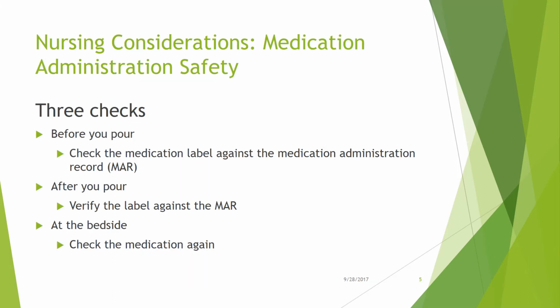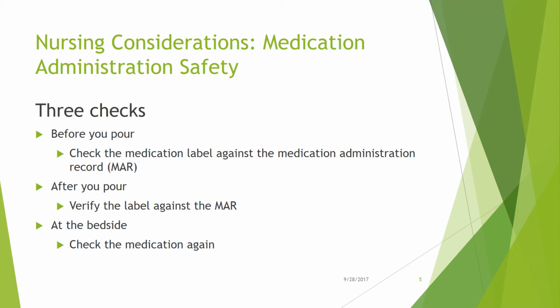Okay, and you've hopefully learned in your pharmacology class about the 3 checks for medication safety, and we're going to ask you to do this during checkoffs. You're going to check your label before you pour it up, whether you pour a tablet into the lid of the container and then from there into the souffle cup, or whether you pour a liquid. You're going to check it before you pour it.